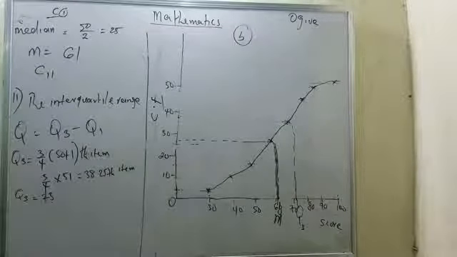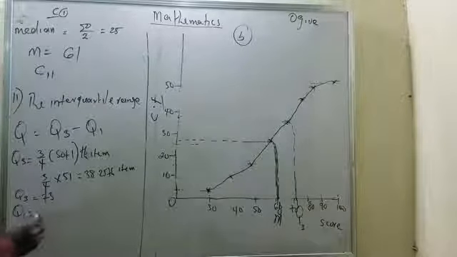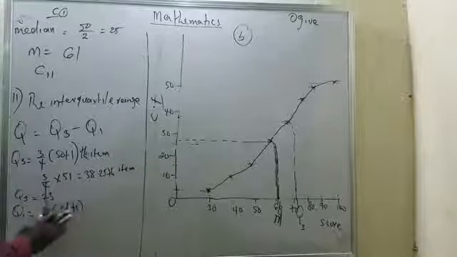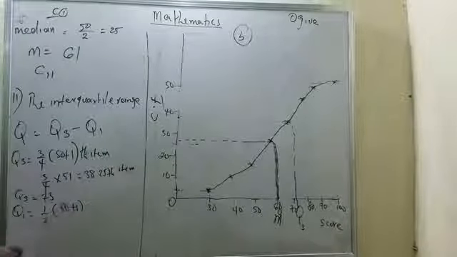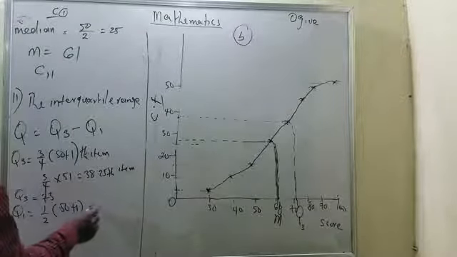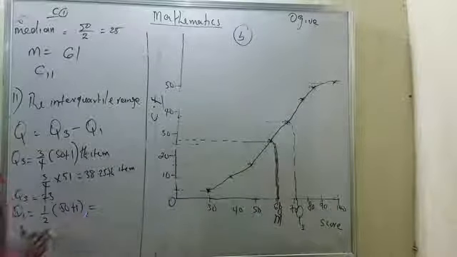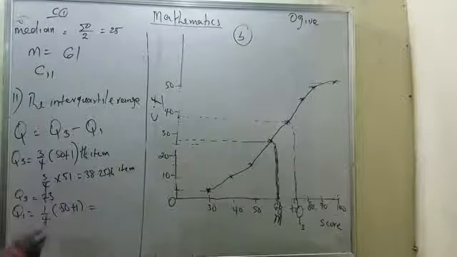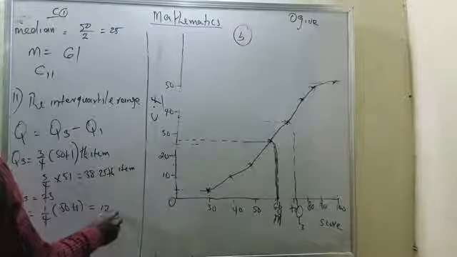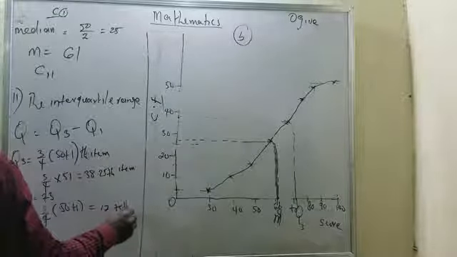Now, I will do the same thing for Q1. My Q1 equals 1 over 4 of n plus 1, where n is 50, so it is 51. 51 over 4, which I'll be having as 12.75 in terms of position.